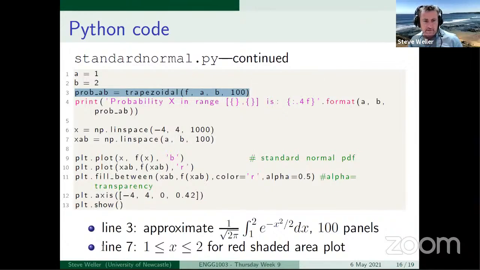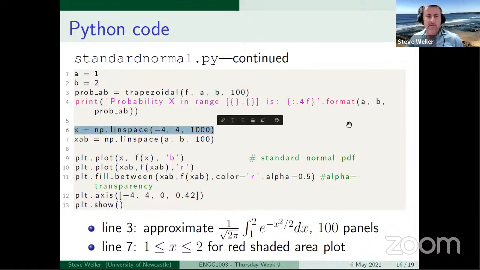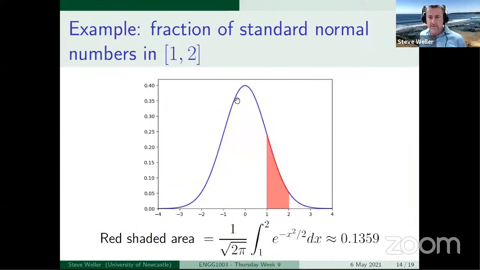In line 6, we define the range of the x variables that we're going to use to plot the PDF. Notice here when I plotted it, the limits of the blue function are plus or minus 4. Actually, with a standard normal PDF, we could have made the limits 5 or 6 or 7.